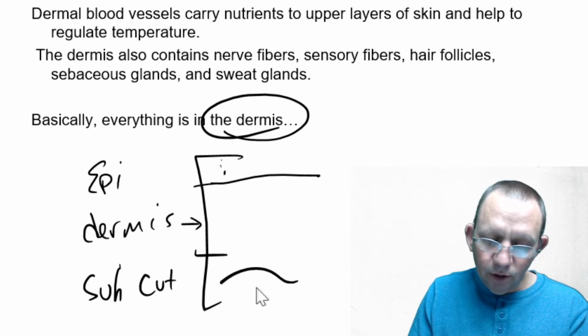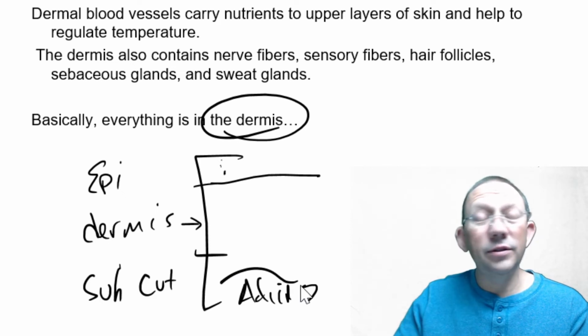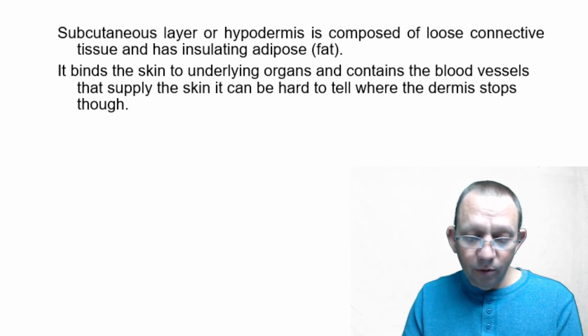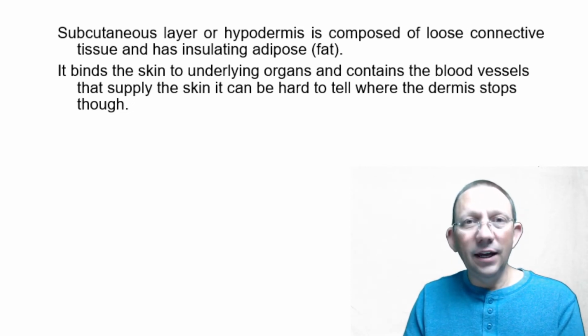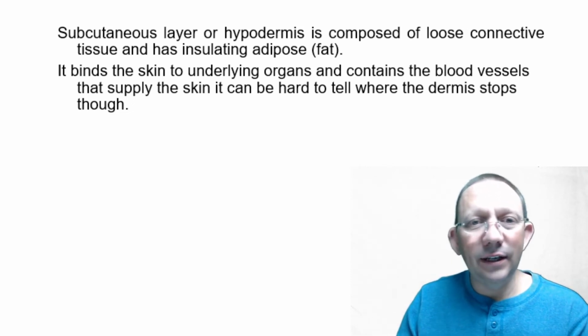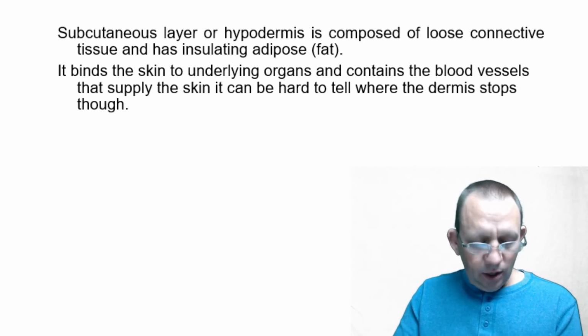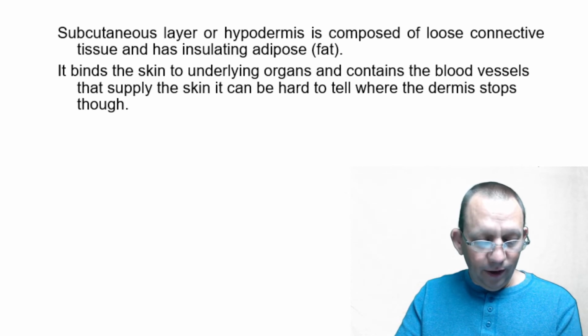Subcutaneous usually has bigger vessels and adipose. Remember, adipose is just fat. The subcutaneous layer is composed of loose connective tissue, insulating fat. It binds the skin to underlying organs, contains blood vessels that supply the skin to the dermis, and everything pops through that area.